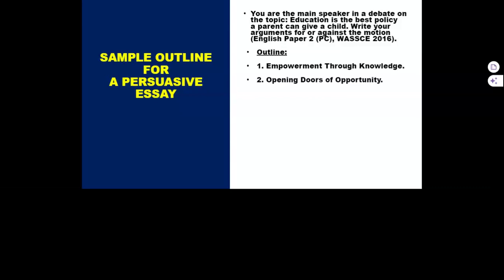Number 2, opening doors of opportunity. The majority of people in key positions in government departments and multinational organizations in various countries are educated people, people with the requisite qualification, okay, or credentials, if you like.